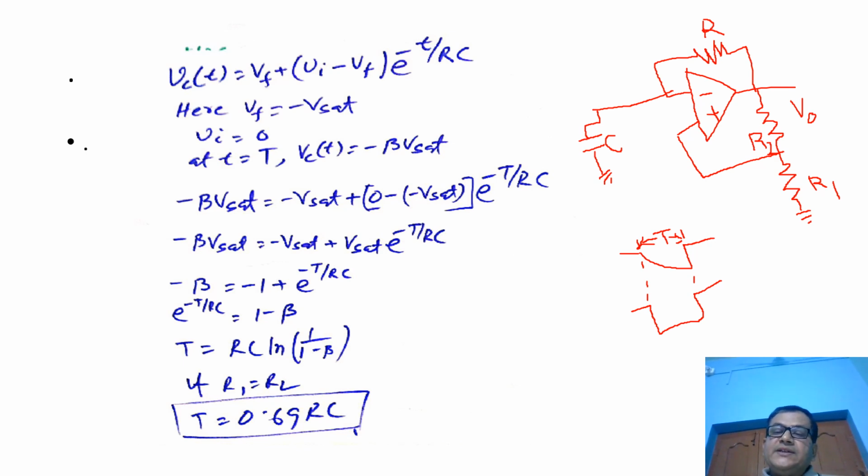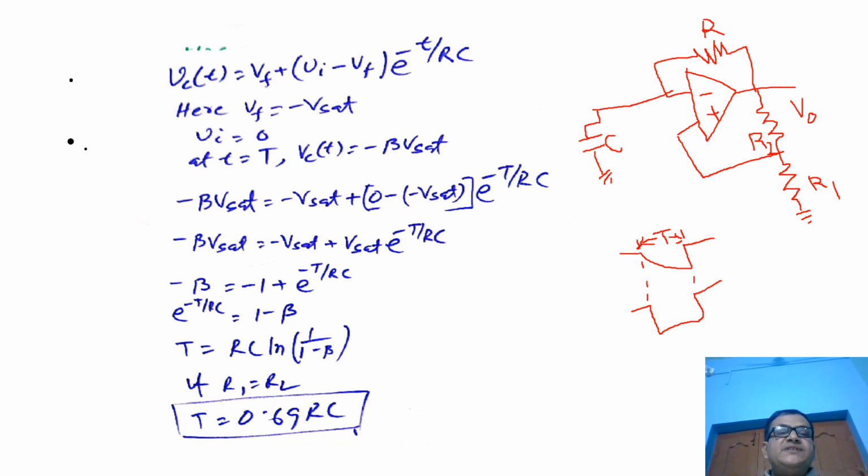So it is charging negatively towards minus Vsat from 0, and the time it takes to charge from 0 to minus beta Vsat is nothing else but the pulse width of this generated pulse.